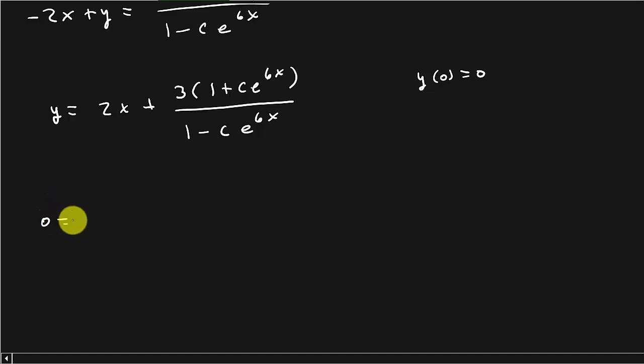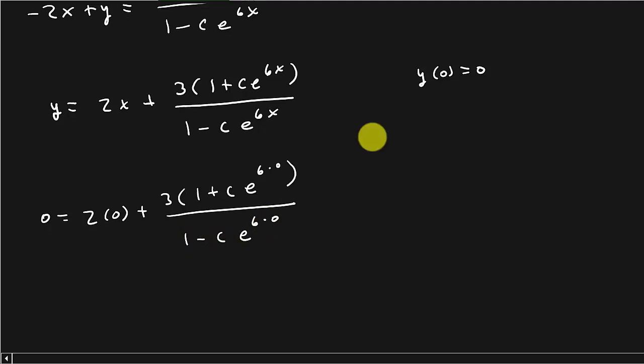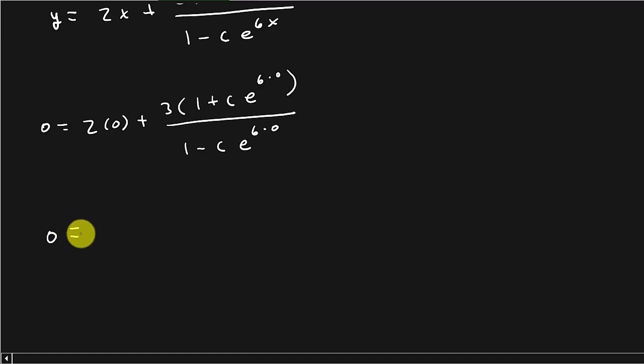So that's going to give me 0 equals 2 times 0 plus 3 times 1 plus c e to the 6 times 0 over 1 minus c e to the 6 times 0. And so that's going to give me 0 equals 3 times 1 plus c over 1 minus c.